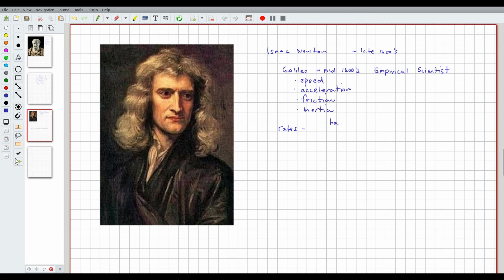So, how things change with respect to each other. There is no foundation in mathematics at the time to correctly describe that. So he invents one. It's called the calculus of variations.